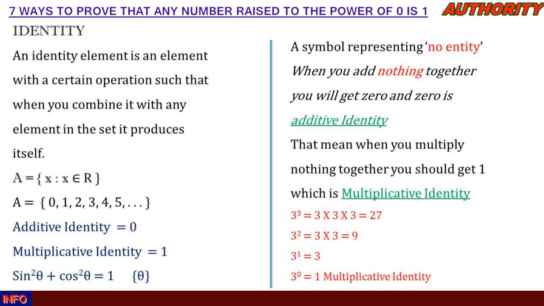Finally, we have given 7 ways to show that any number raised to power 0 is equal to 1, except 0 raised to power 0.